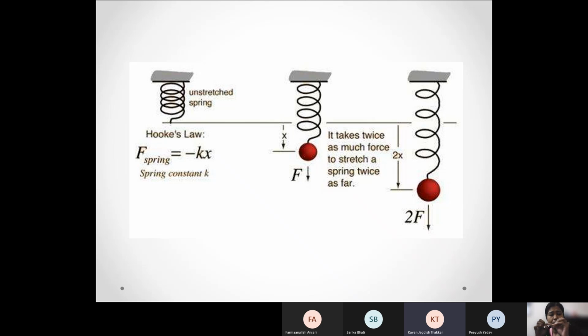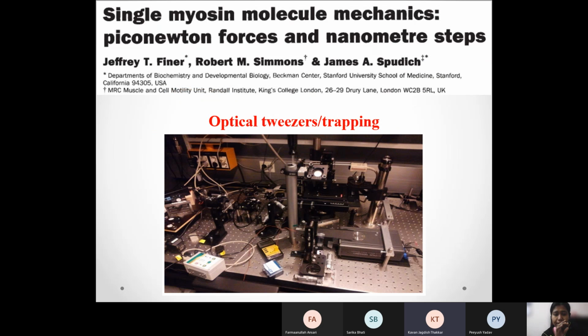Then the amount of force would be directly proportional to the displacement, or the distance that this bead has traveled. Why? Because of Hooke's law. So you can directly estimate the amount of force that is acting on this bead by estimating the displacement that is occurring on this bead. So if you can understand how much it has displaced, you can understand how much force was applied to do this. So that's the whole idea.